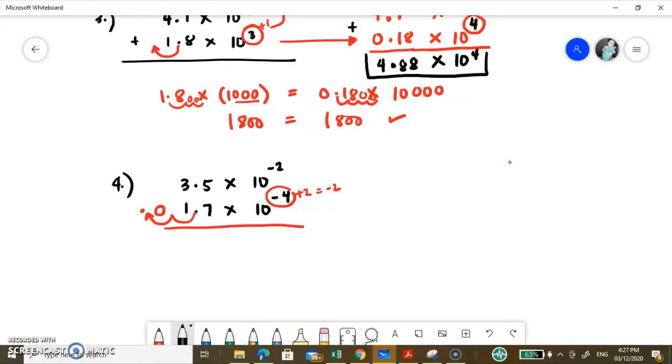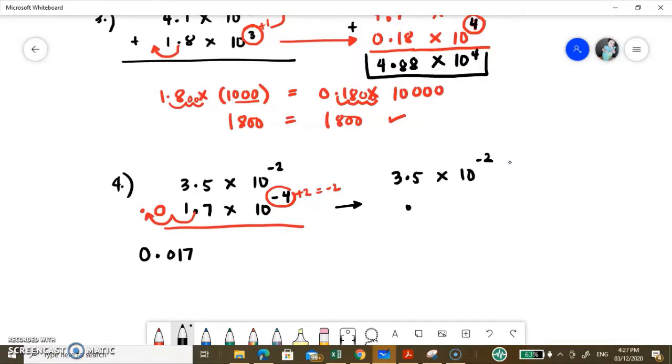May 1 eh. Okay? So, it would become, kopyahin lang si 3.5 times 10 raised to negative 2. Tapos this one, this would be 0.017, diba? You can write 0 before the decimal point. I-align mo dapat yung decimal sa unang, sa decimal ng unang scientific notation.